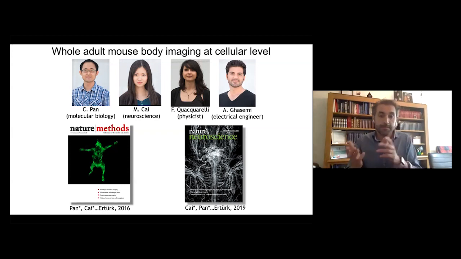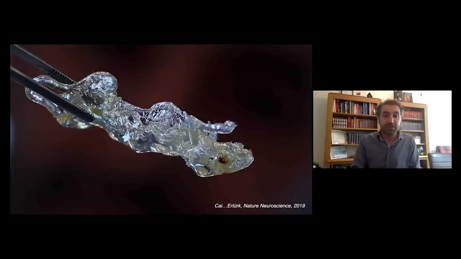Three years later, we developed vDISCO technology, which enhances the signal appearing in the mouse bodies about 100 times. You can see the nerves on the right-hand side are much more visible compared to the green picture, where they were hidden behind autofluorescence and background signal. So vDISCO truly renders the whole mouse bodies transparent. You can see it really like glass.